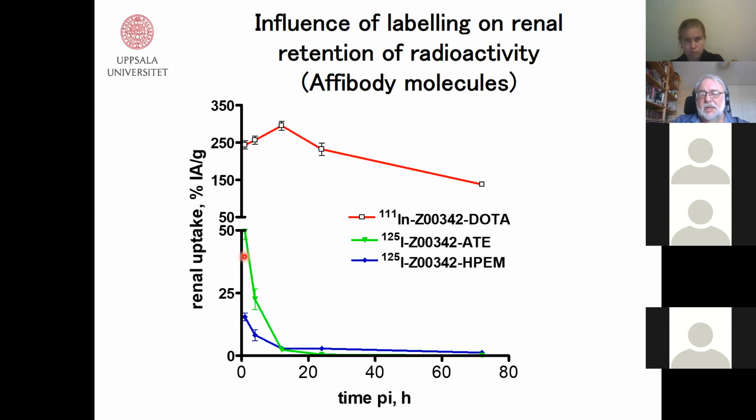You need to understand the behavior of your targeting molecule and adjust the label to meet the major requirement: high uptake in the site of interest and low uptake or low retention in sites where the activity is undesirable.